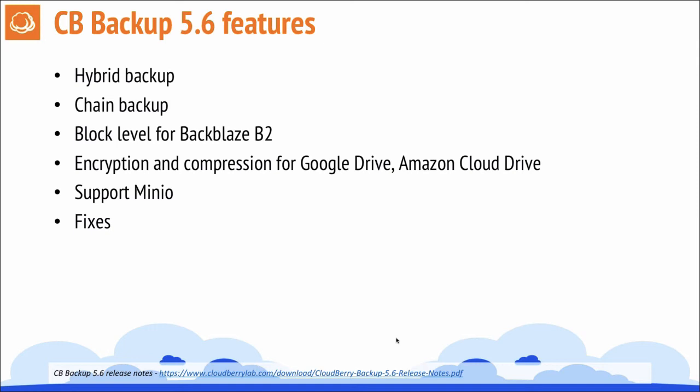So we introduced encryption and compression for Google Drive and for Amazon Cloud Drive. If you use one of those providers, feel free to use CloudBerry Backup with encryption and compression, which is the way to get more security and less storage utilization from the backup perspective.